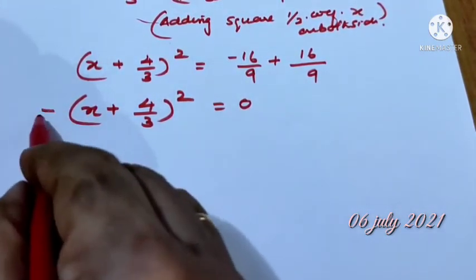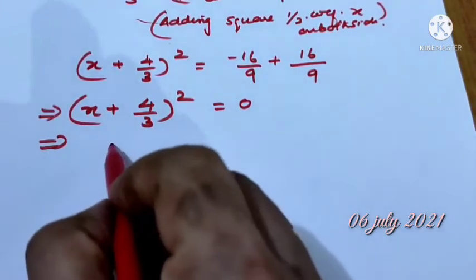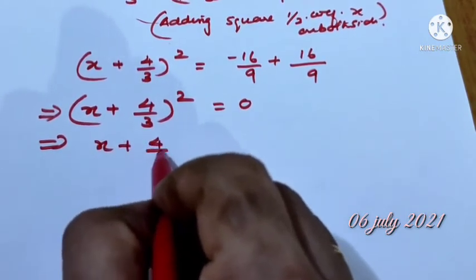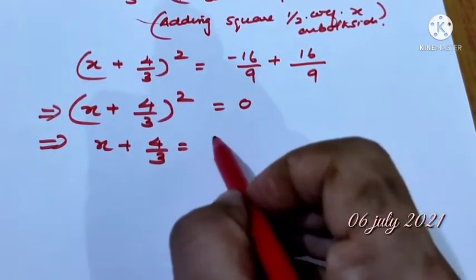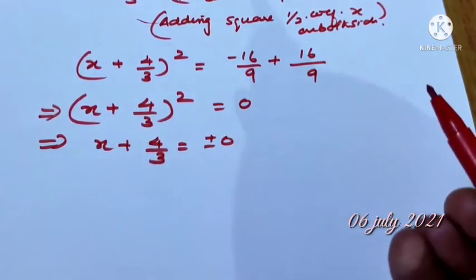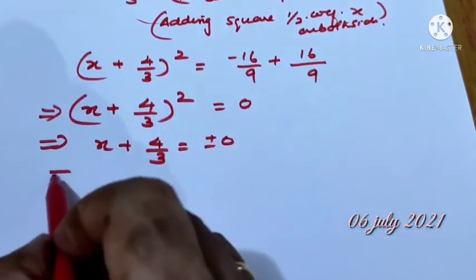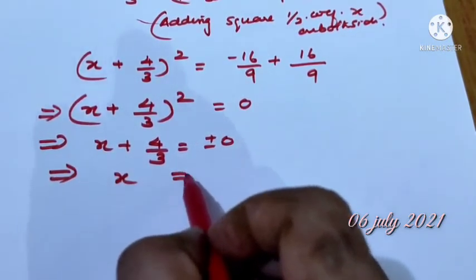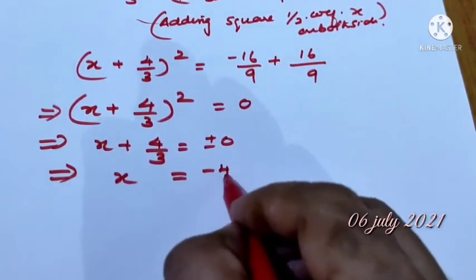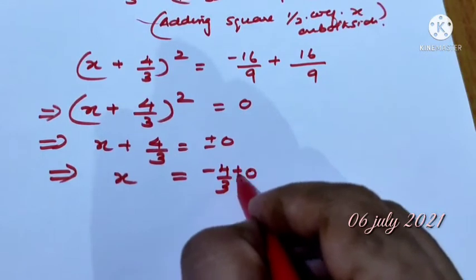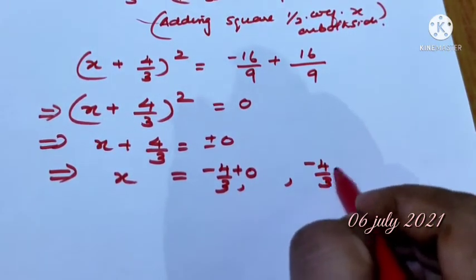This implies x plus 4 by 3 equal to plus or minus 0. We don't need the square root of this 0. So here two values are required. So we are writing x equal to minus 4 by 3 plus 0 and minus 4 by 3 minus 0.